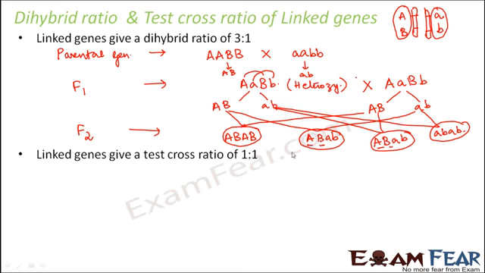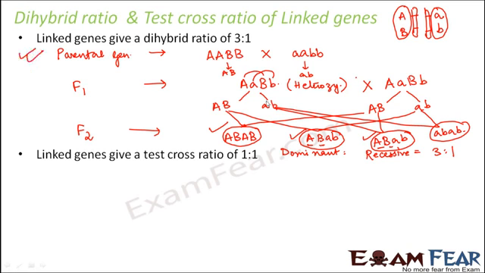The ratio of dominant to recessive in this case is going to be 3:1, because these three are all going to be dominant, since the dominant allele of both the traits is present, and this is going to be recessive. So this is 1. So a 3:1 dihybrid ratio is obtained with linked genes.